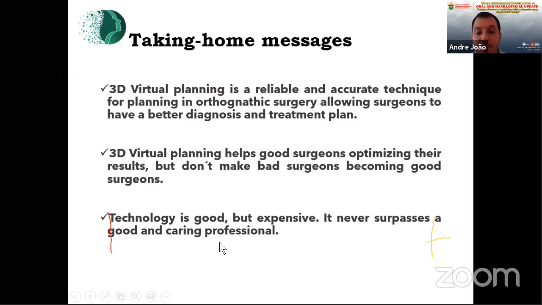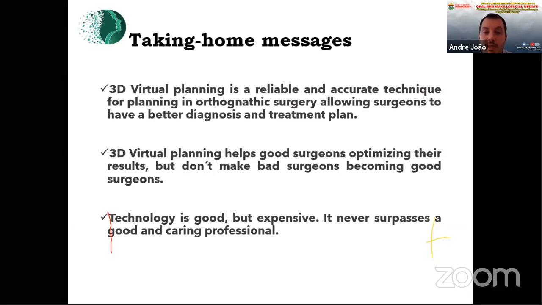Technology is good, but expensive, and it should never surpass good and caring professionals. Surgeons who are really dedicated to their patients and plan their cases with accuracy can achieve very good results without any of this technology.